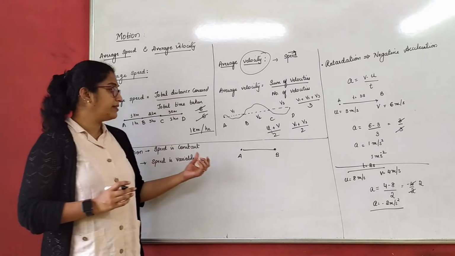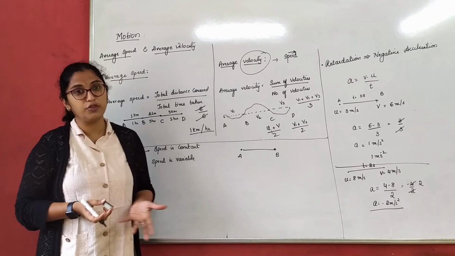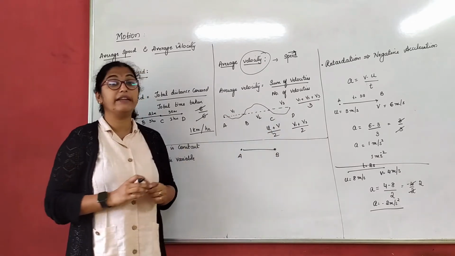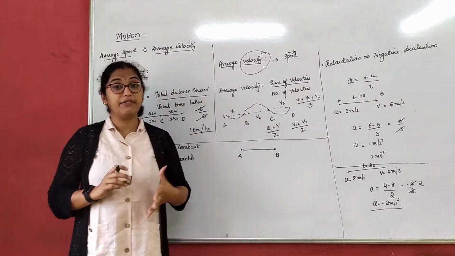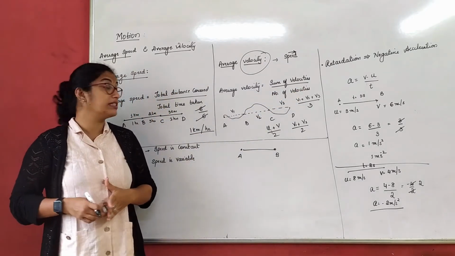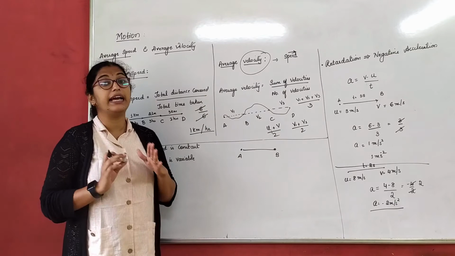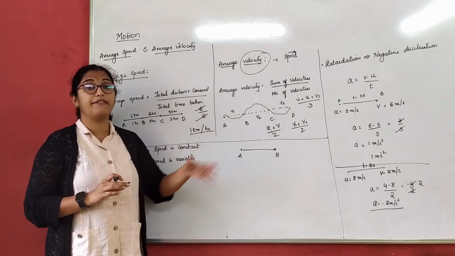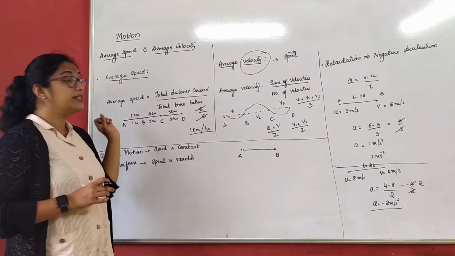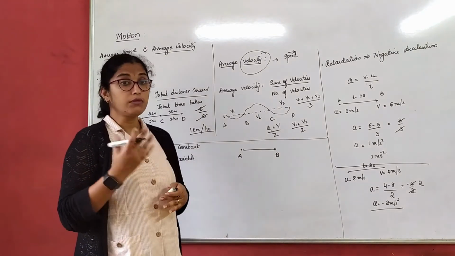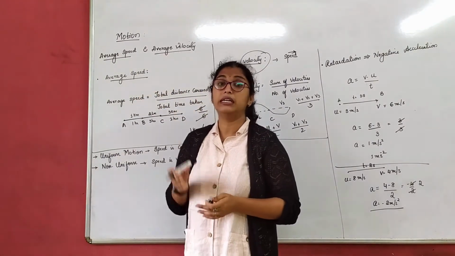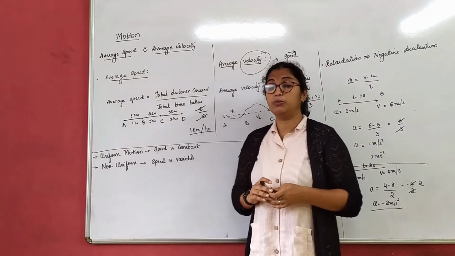So velocity between this initial and final position we can also say U plus V divided by 2. That is nothing but sum of the velocities divided by number of velocities, the formula to find average velocity of the given object. Average speed is total distance covered upon total time taken. So these two formulas you need to remember, where we use them to solve the numericals.